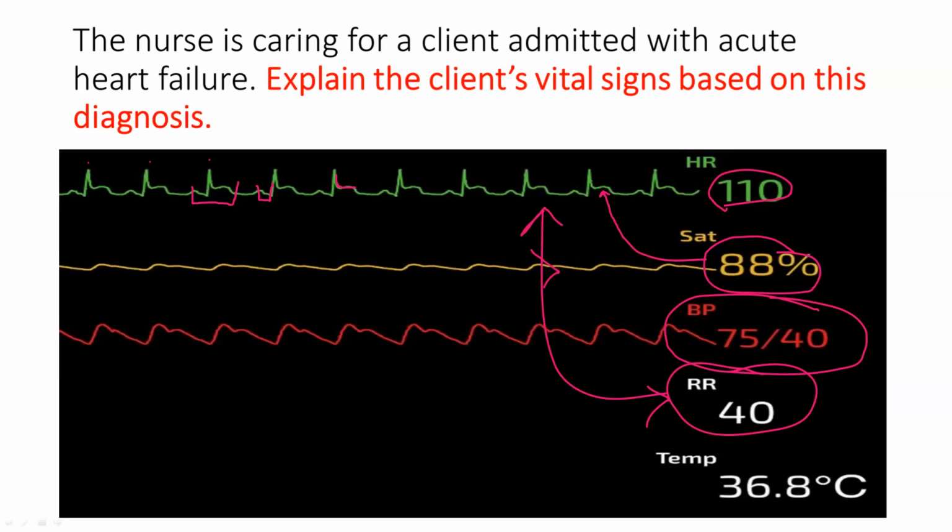Are they alert and oriented? Are they lethargic? Are they obtunded? Those other bad words, malaise, fatigue, that are telling me that my client is not perfusing like they should. So just a nice little way to sum up somebody who is in acute decompensated heart failure and what I could expect for those vital signs.